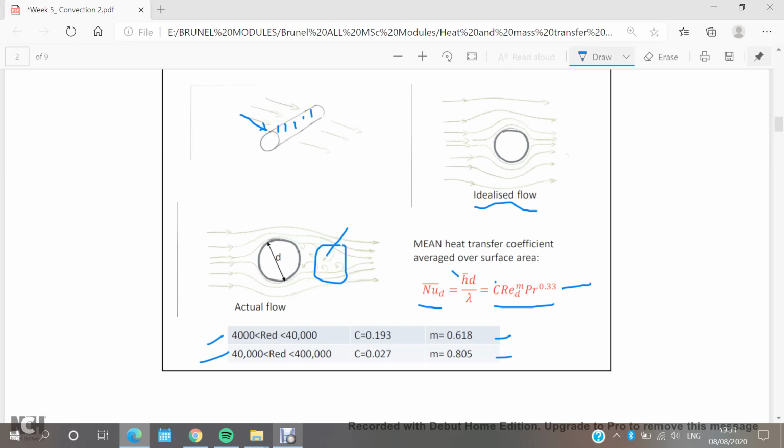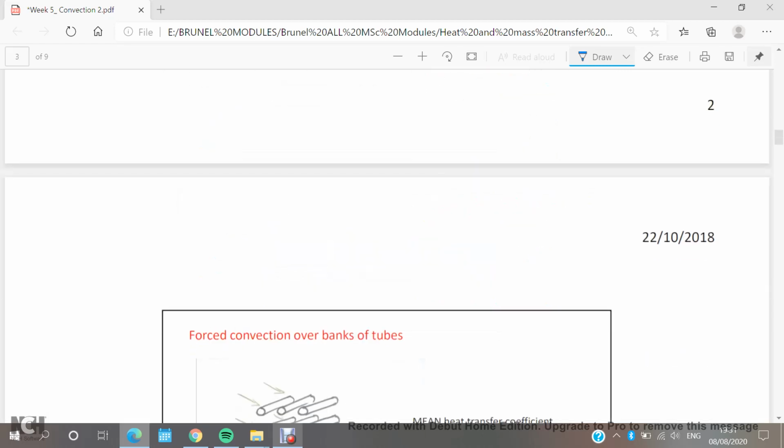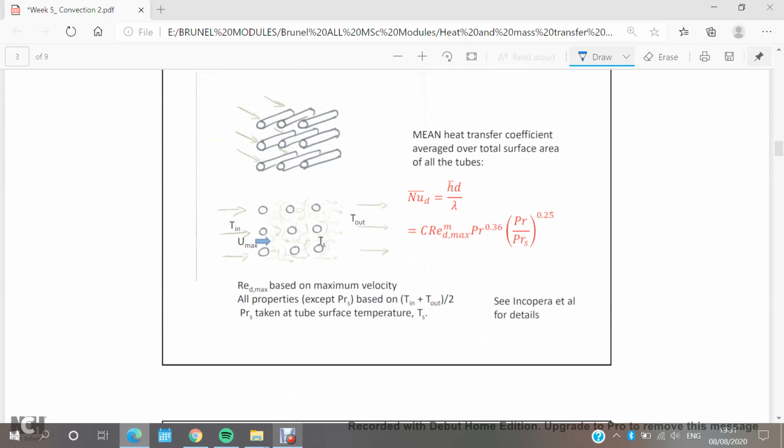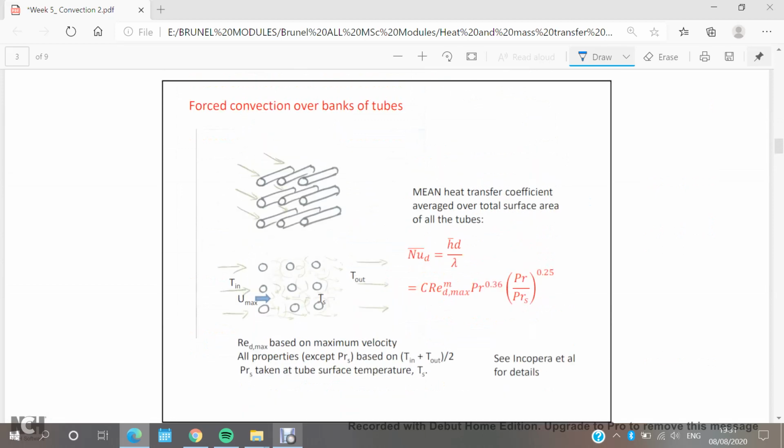So this is the first geometry I want to discuss with you today. What if I don't have a single pipe, but a bank of pipes or a group of pipes? I need to calculate the average heat transfer coefficient for this geometry. But remember, we will not consider them as just individual pipes, but we will deal with this as one geometry, like a group or a bank of pipes.